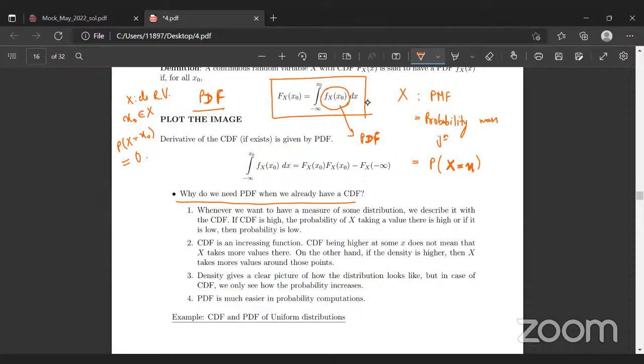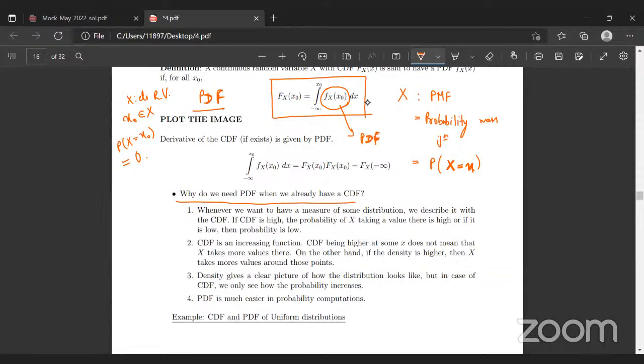Okay, so CDF is just a function from your real line to 0, 1, correct? But it does not give a clear picture of how your distribution looks. If you plot the PDF, you can look at the histogram and identify what kind of curve it is, you can identify the distribution.